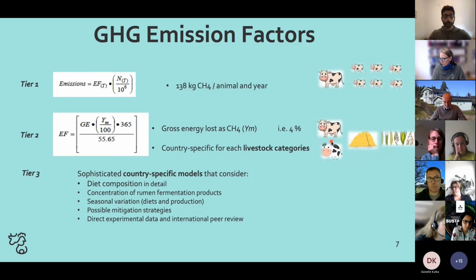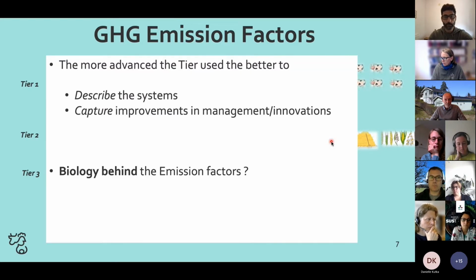Right. The more advanced we are in the tier system, so the more complexity we add into the calculation, the better, because we can better describe the system. So we can include as many specificities of the system as possible to better characterize it. But more importantly, we can capture the potential improvements as a result of implementing new management or innovations, which is basically one of the things we want to do in Pathways.